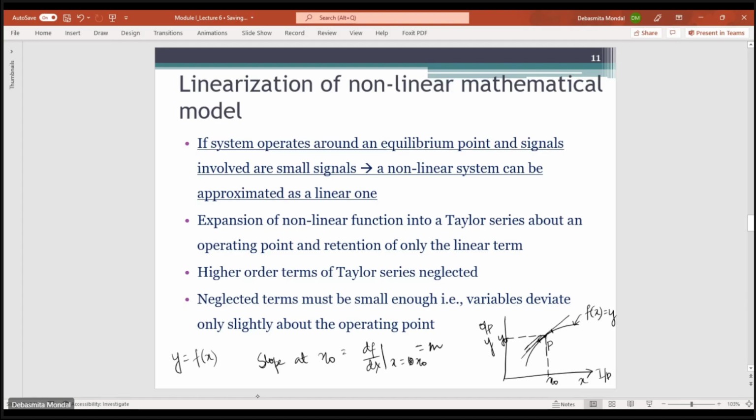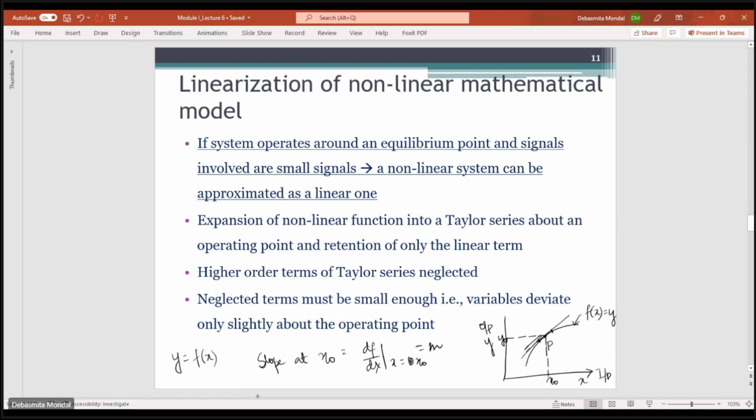Okay, so now if you read this statement: if a system operates around an equilibrium point and the signals involved are small signals, meaning they are not changing much around this operating point, then in that case a nonlinear system can be approximated as a linear one.